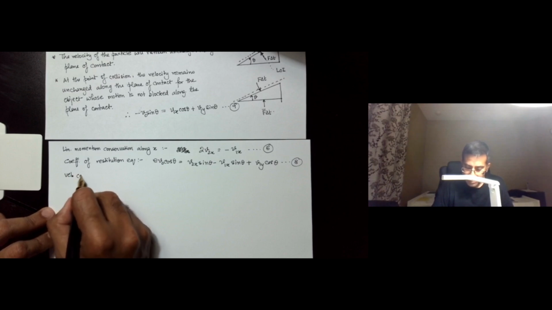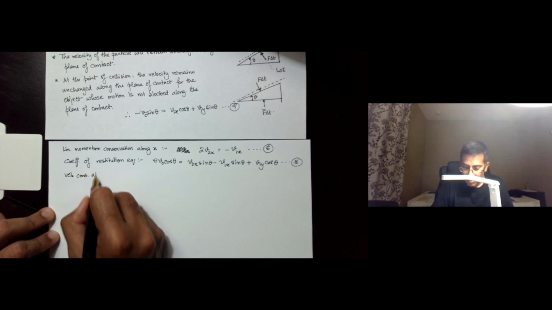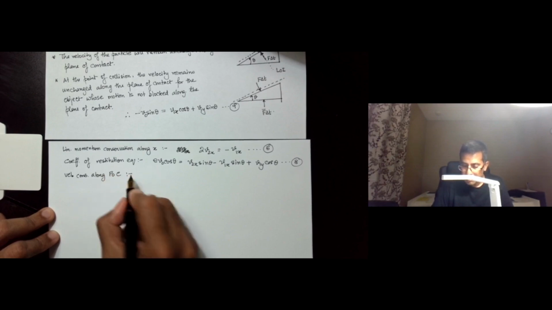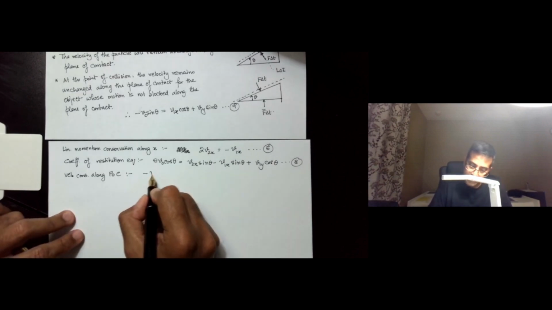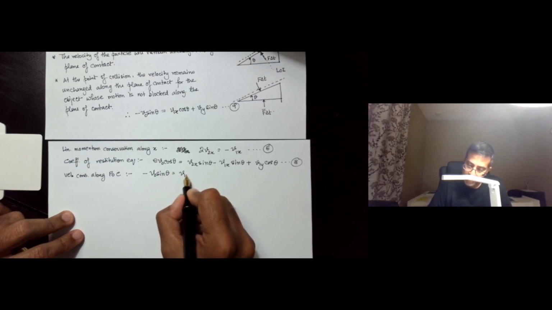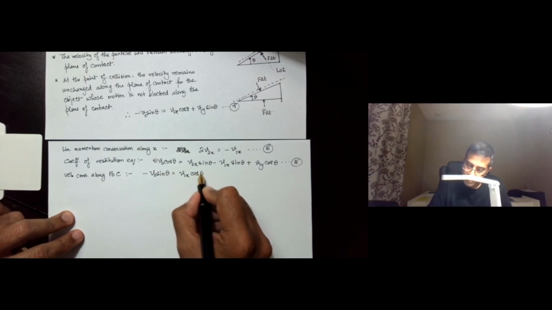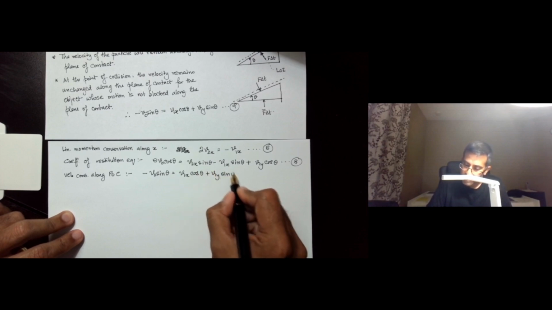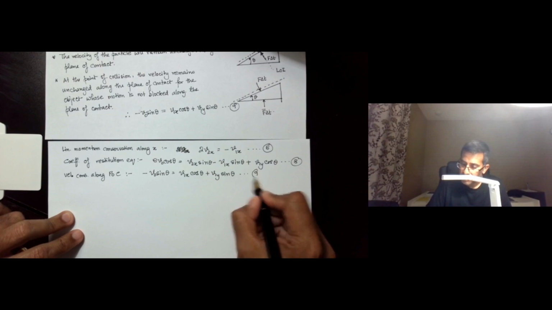And then velocity conserved along the plane of contact, this is for the particle only, and this gives us negative v0 sine theta equals v1x cosine theta plus v1y sine theta. So this was our equation 9.